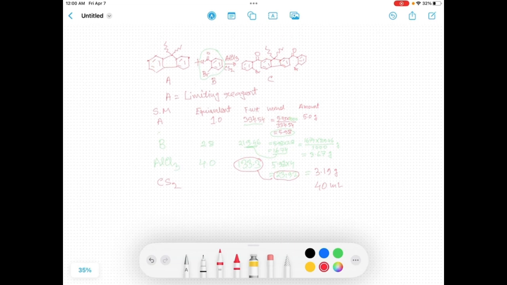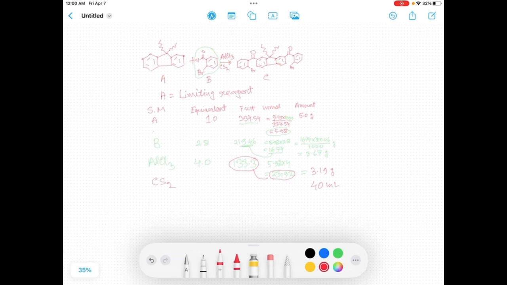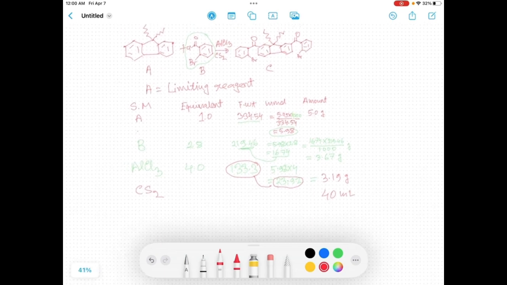reaction scheme. So you need to write the reaction first, find out the limiting reagent, and then list the starting material, and then write down the limiting reagent as one equivalent and its formula weight or molecular weight, and then millimole and the amount. So how much amount you want to use as a limiting reagent.